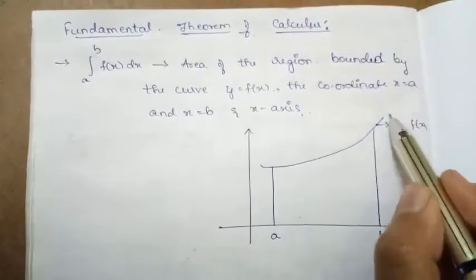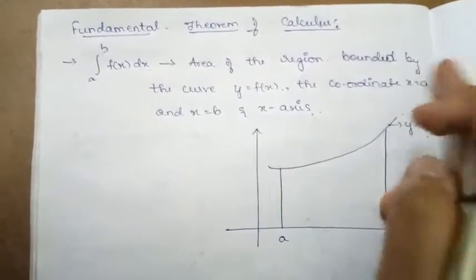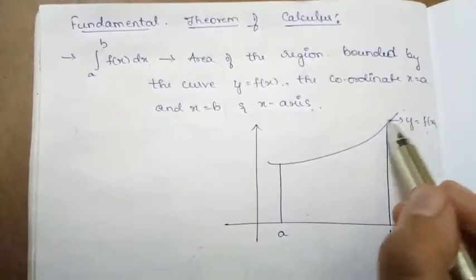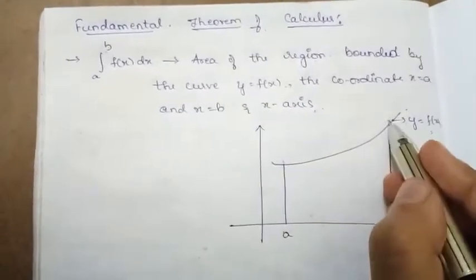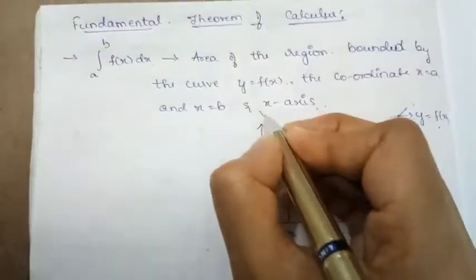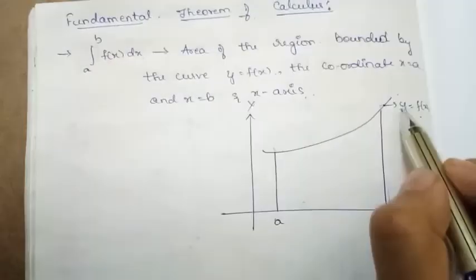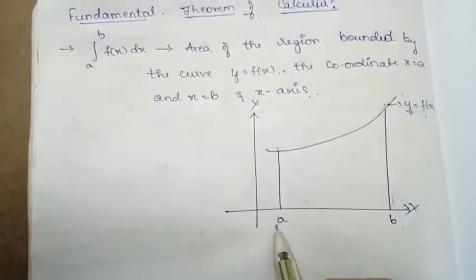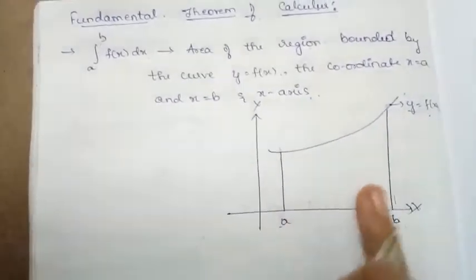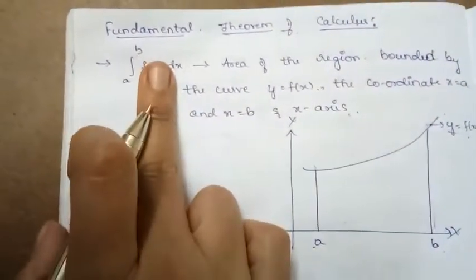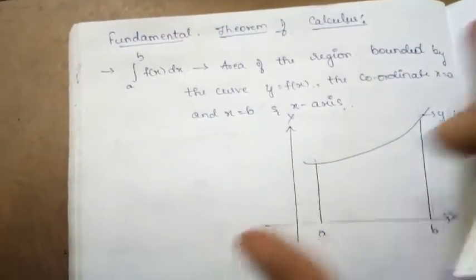Suppose I consider a function y is equal to f of x, then the region bounded by the curve, the coordinates x is equal to a and x is equal to b, and the x-axis, is this region. So this is what the definite integral is said to be. This is what we have learned.